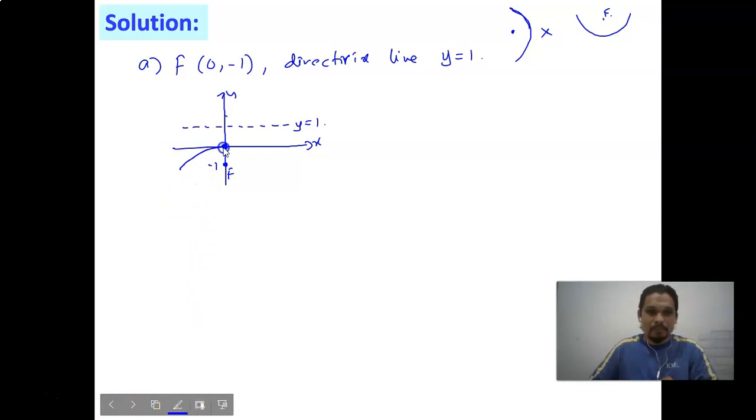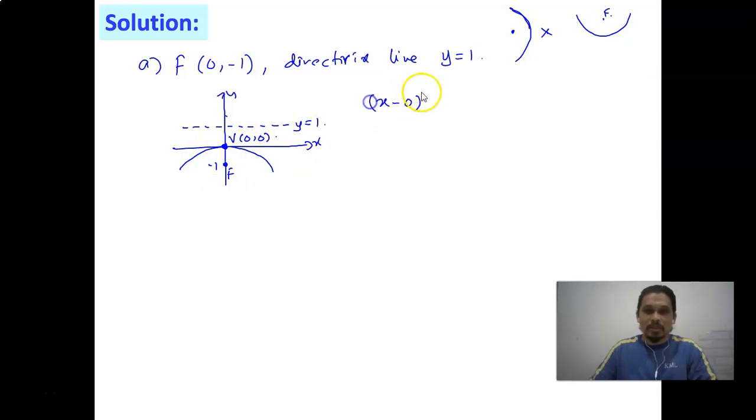So now, this is the vertex, which is (0, 0). It's either x squared or y squared. From this curve, we come up with (x minus 0) squared equal to 4p(y minus 0), which is x squared equal to 4py.